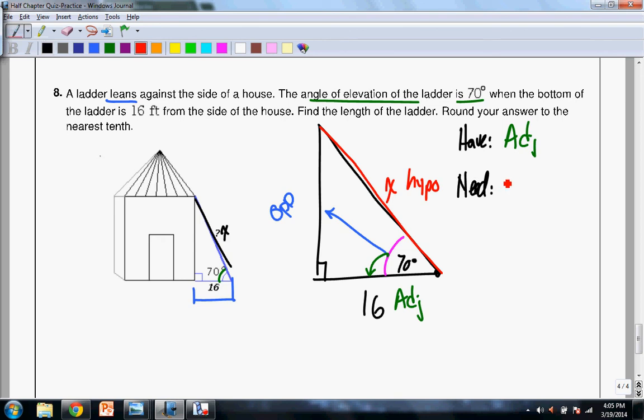We need the hypotenuse. I've got an AH combo. So what goes with AH? CAH, which is cosine. So you write out cosine theta over 1 equals adjacent over hypotenuse. You're going to use that, solve for x, round your answer to the nearest tenth.